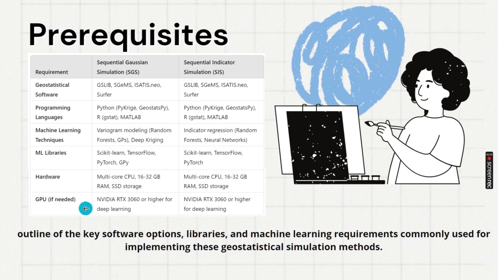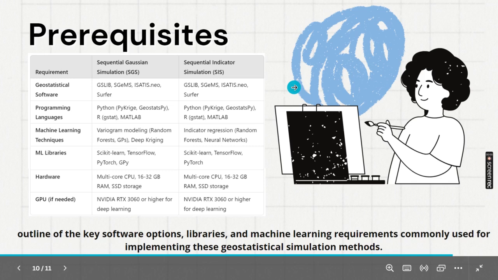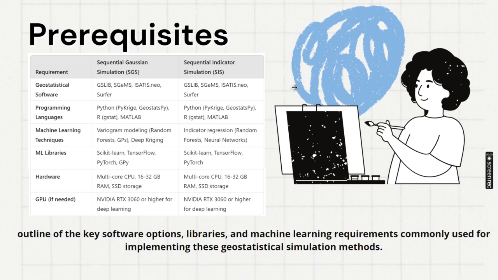And as I have told, GPU if needed. These are the details. So to outline the key software options, libraries and machine learning requirements commonly used for implementing these geostatistical simulation methods, you can understand now what the basic differences are.